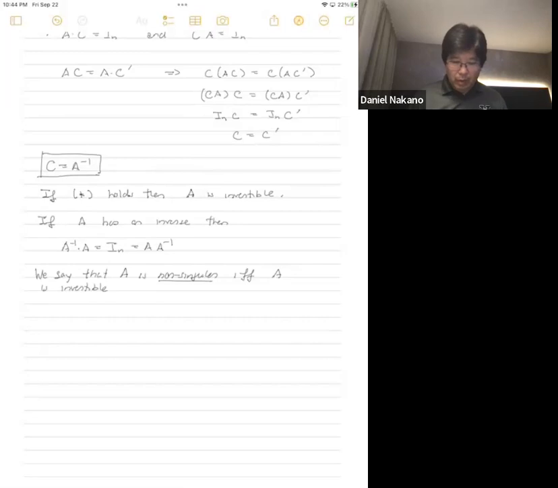And if A is singular, which is not non-singular, then A does not have an inverse.